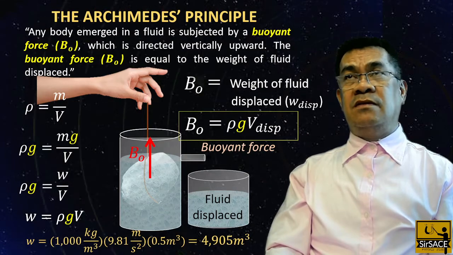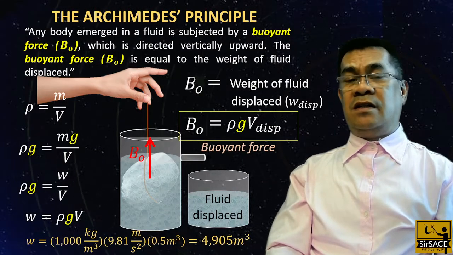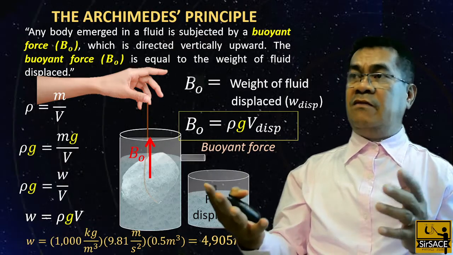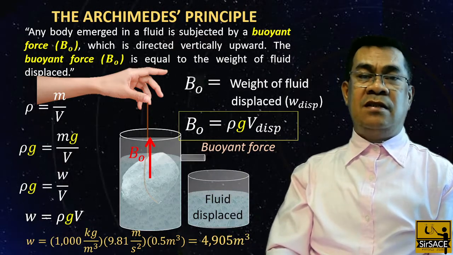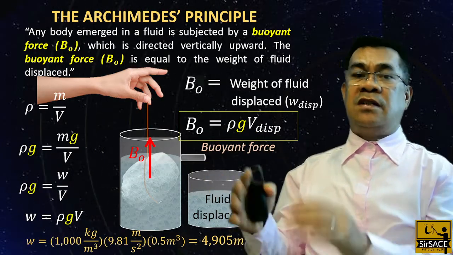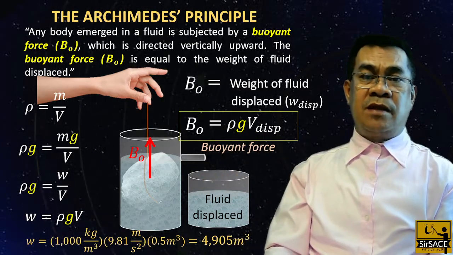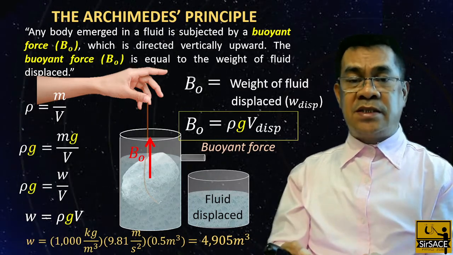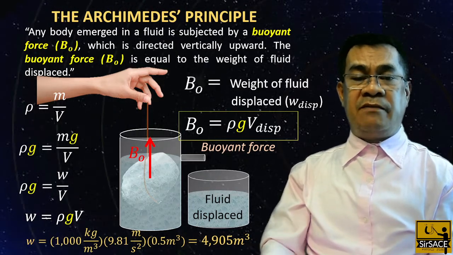So usually, in our previous topic in dynamics of motion, we did not involve the buoyancy. Why? Because we studied all particles in solids, not in liquid and gas. But in fluids, buoyant force is significant.